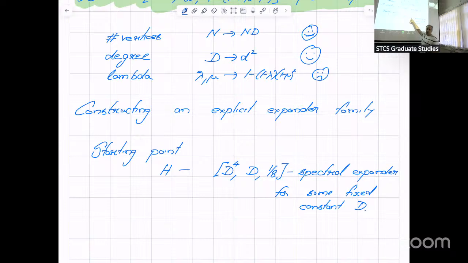That is, it's not smaller than the Ramanujan one. So choose a D large enough so that you can get this. And now it's a constant size graph, so do a brute force search, lay your hands on such a graph.